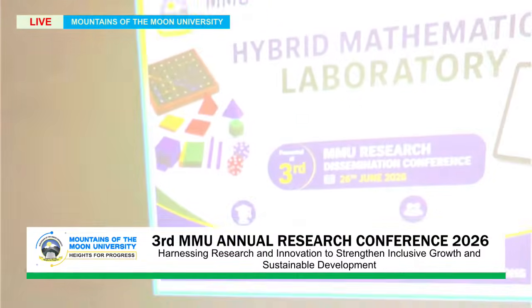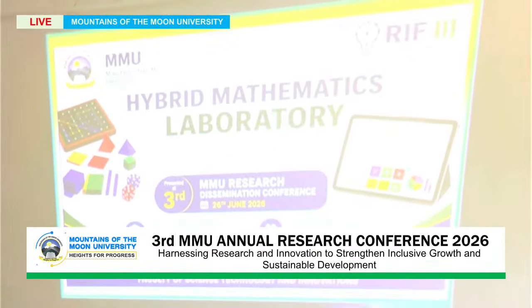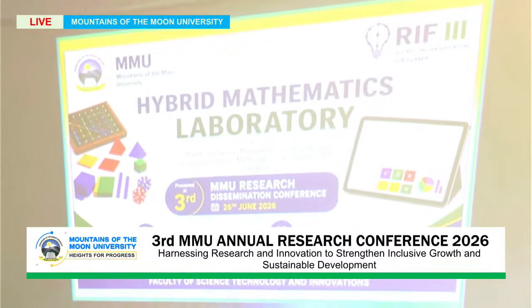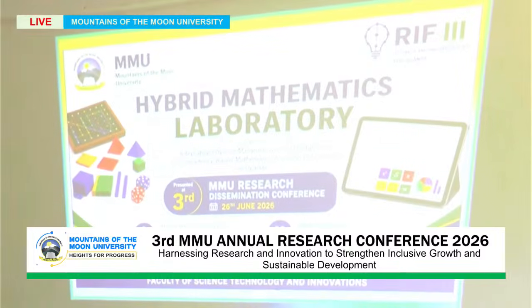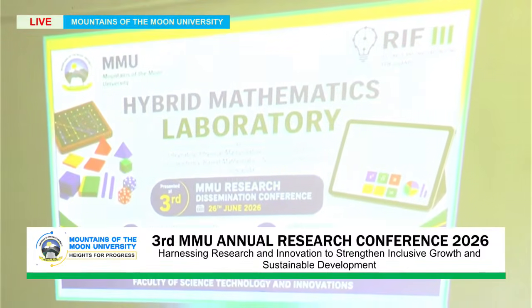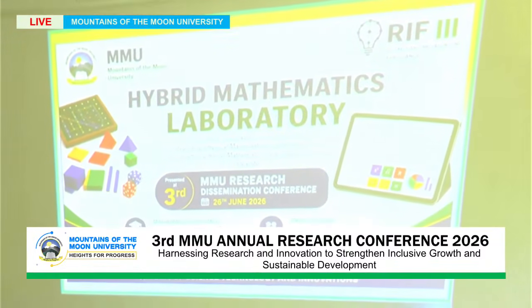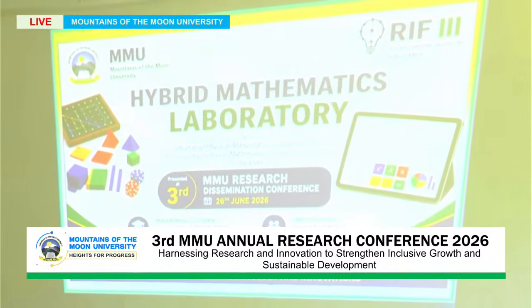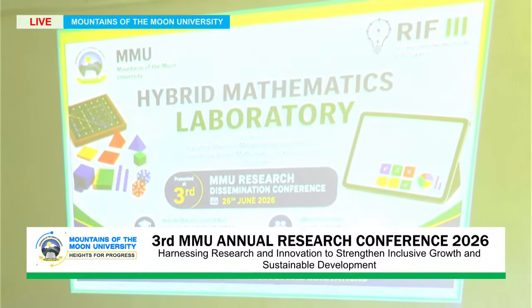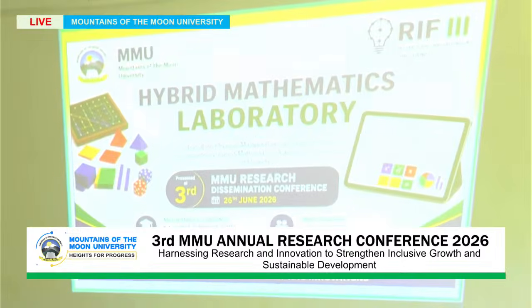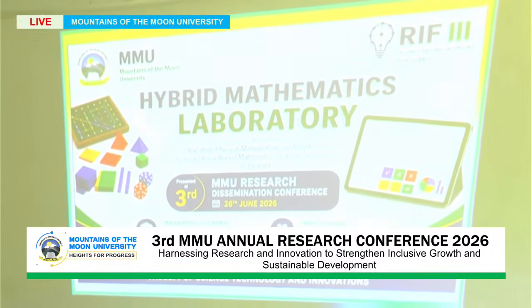In this aspect, we know there are many digital platforms for learning online. Even AI is there, but also we have other platforms for learning math. But these platforms online are, first of all, some require internet, some require subscription, and then they are not tailored to Ugandan mathematics. So ours is tailored to Ugandan mathematics. Two, it doesn't require internet, it is offline.